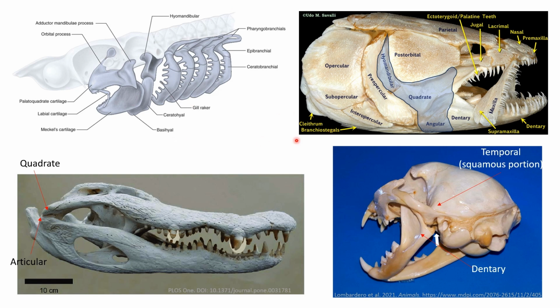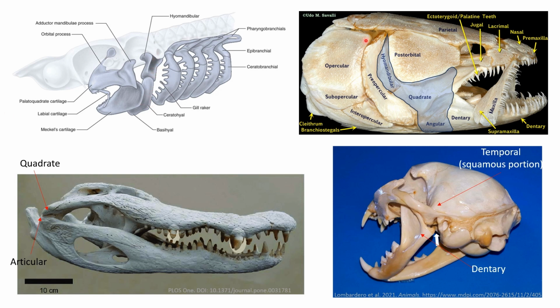So here's to show the different types of suspensorium among modern vertebrates. Sharks have amphistyle, wherein the palatoquadrate has an orbital process latching onto the chondrocranium, while the hyoid arch provides additional support.